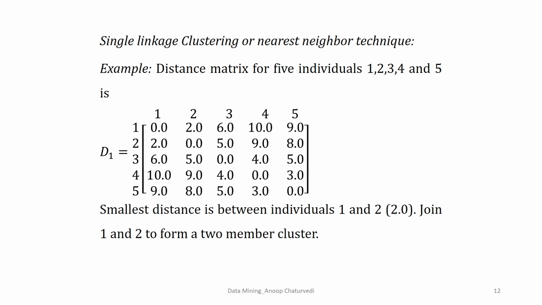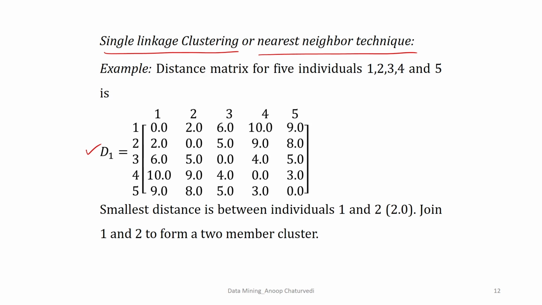Now, we consider an example of single linkage clustering or nearest neighbor technique. So, suppose you have 5 individuals 1, 2, 3, 4, 5, and this D1 is the distance matrix. So, obviously, the diagonal elements of distance matrix are 0. Then the distance between 1 and 2 is 2.0, distance between 1 and 3 is 6.0, and so on.